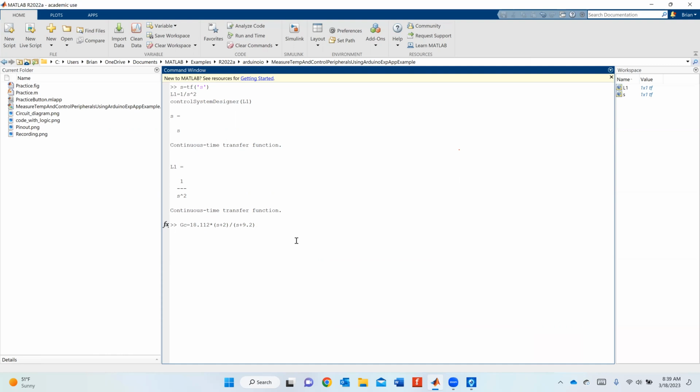Okay. And so then we're going to do the control system designer of the open loop system. So it's going to be L1 times G of C. That's basically what we're going to have here. So if we launch control system designer with 18.112 S plus 2 over S plus 9.2, it's going to pull up the control system designer, and we have to see if our design requirements were met, which were the settling time and percentage overshoot.